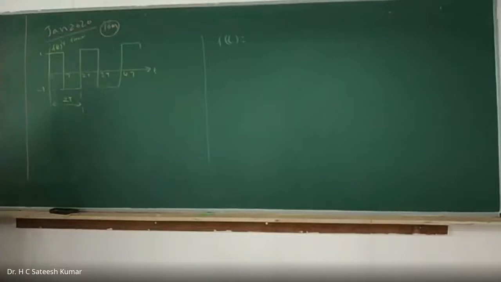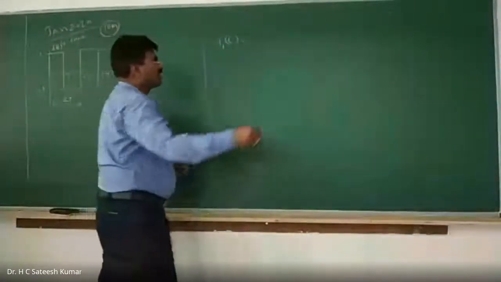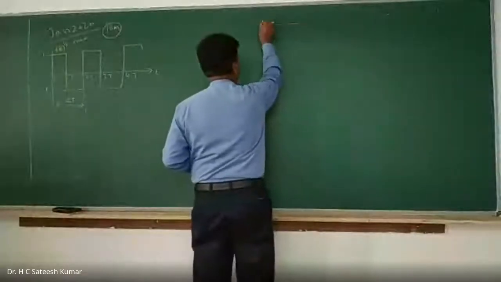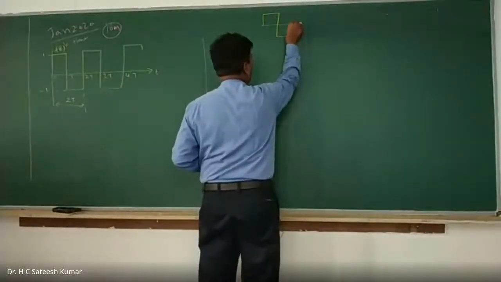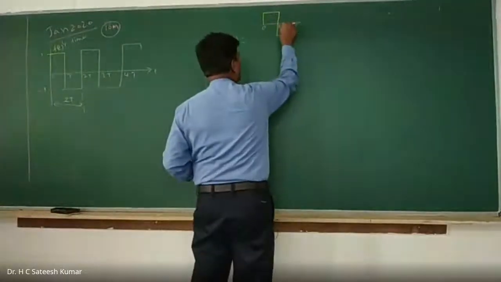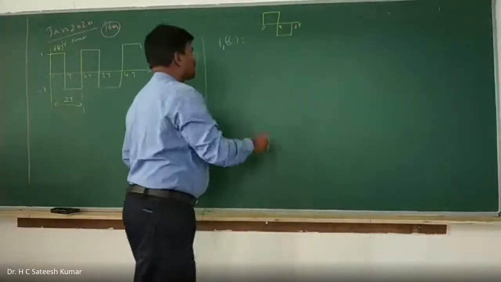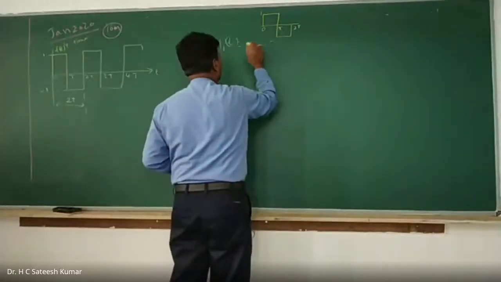So f of t we can write in terms of f1 of t. Let's call it f1 of t. f1 of t is basically this one, from 0 to T to 2T, with amplitude 1 and -1.